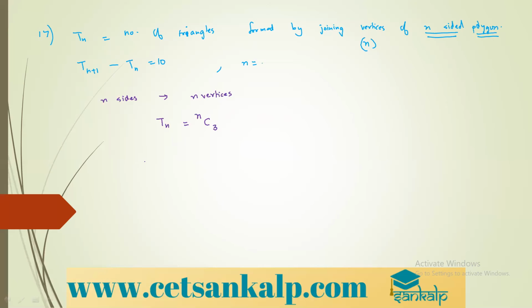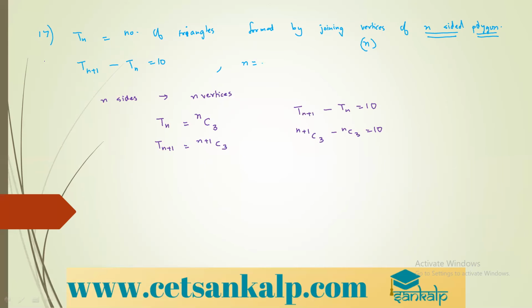You can make nC3 triangles. So from this, Tn plus 1 will be n plus 1 C3. Okay, now I gave you Tn plus 1 minus Tn equal to 10. That means I can write n plus 1 C3 minus nC3 equal to 10.